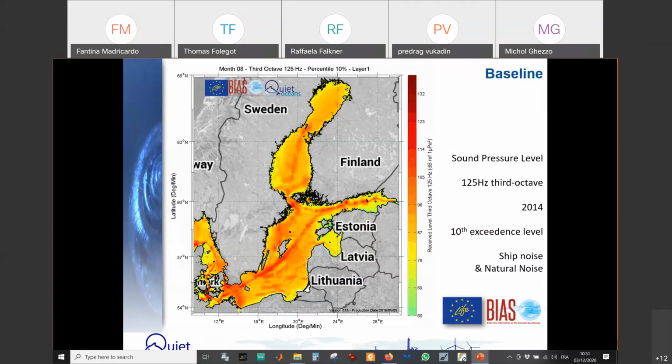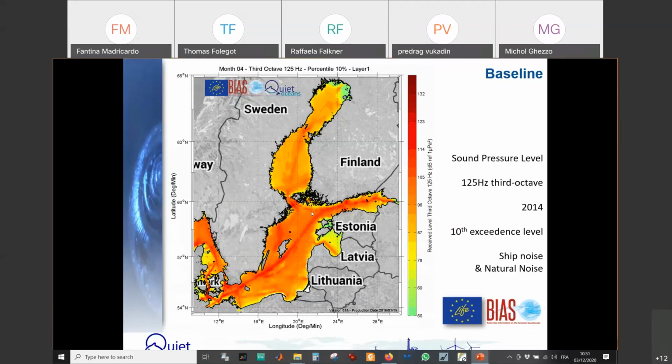So this is the level you reach at least 3 days in your month, if I consider 30 days per month. 10% of 30 days, that's 3 days. And that's the level you have. So the exposure during that month, marine life was exposed to those levels 3 days during the month, cumulatively.